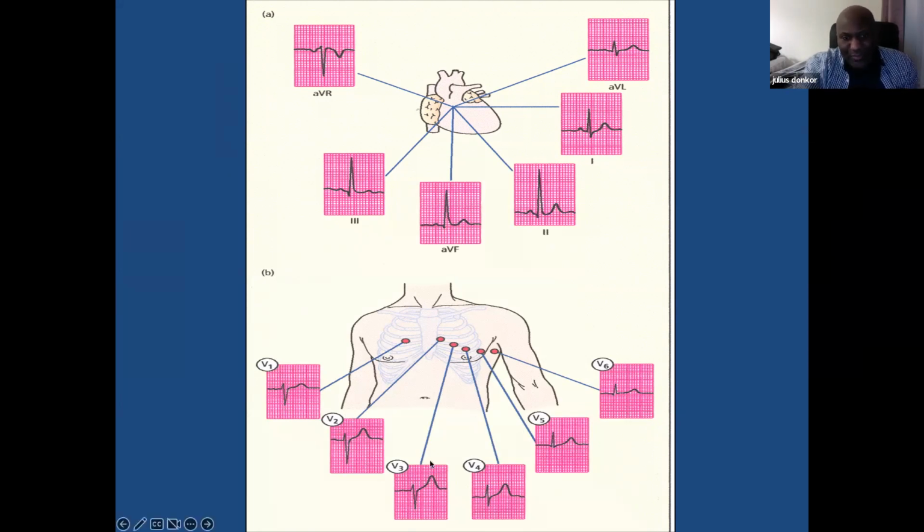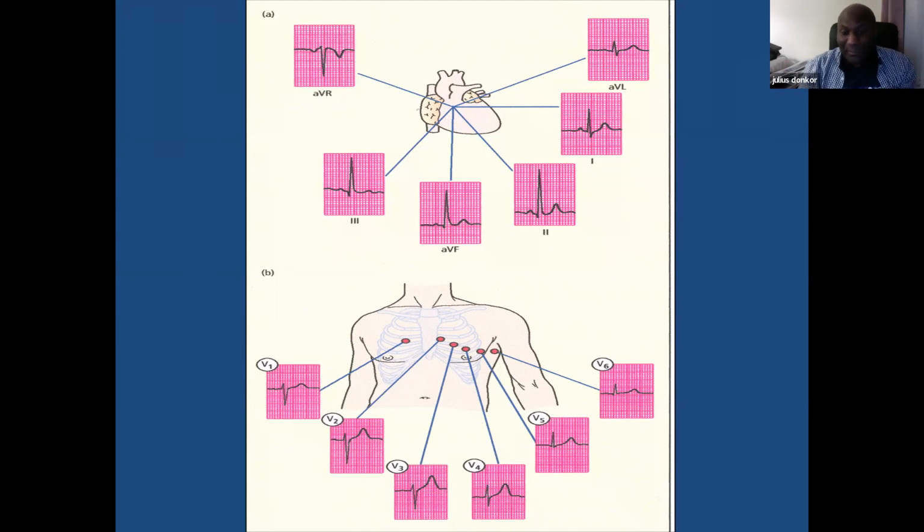When you get to maybe the apex, from V3 to V4, you can see the transition of the S wave and the R wave changing, especially in V4. It's a good transition there. So there's a normal transition when you're looking at your chest leads.